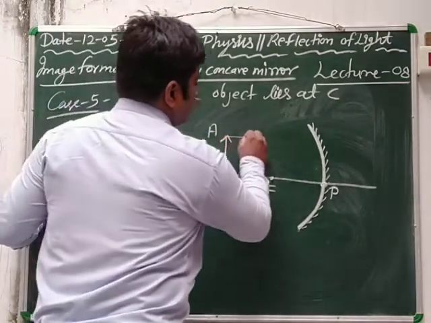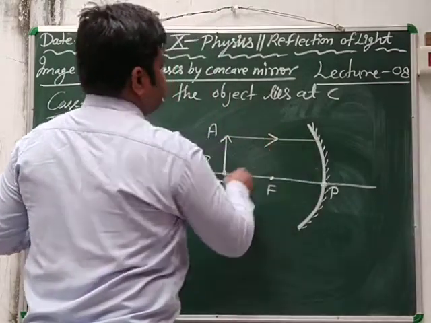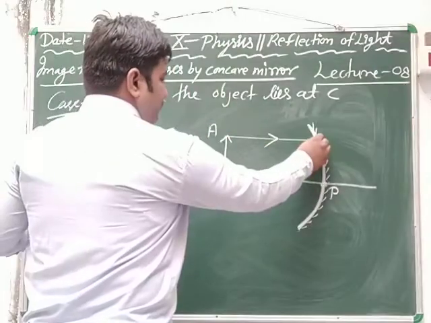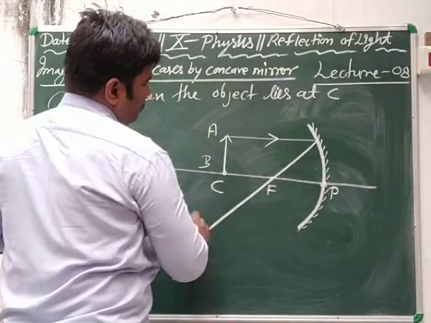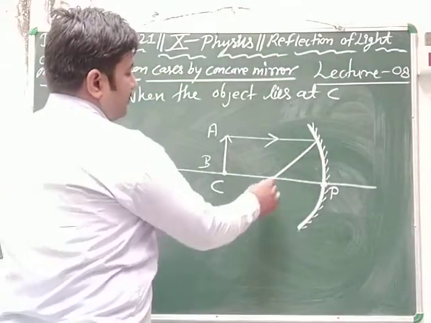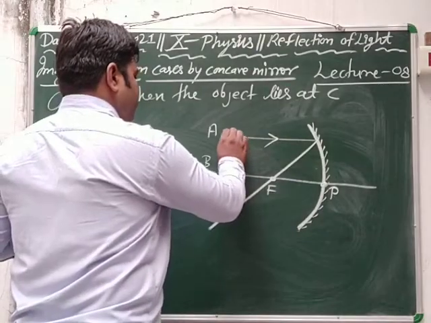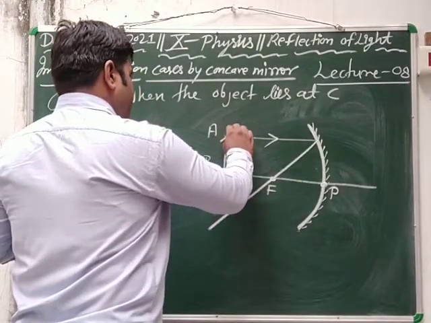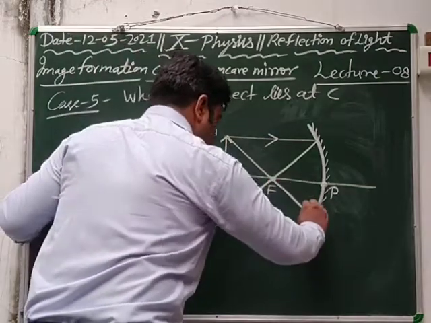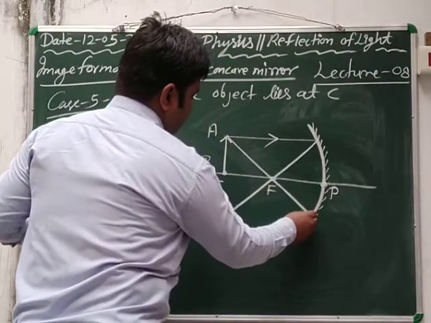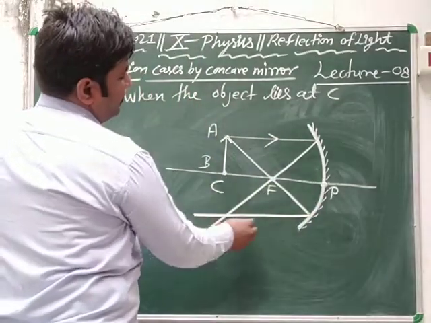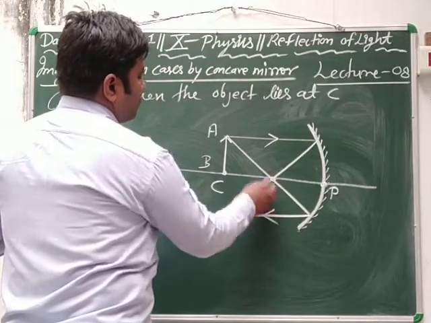then 2 rays are taken, one parallel to the principal axis, which after reflection passes through focus, and one that passes through focus and after reflection becomes parallel to the principal axis.